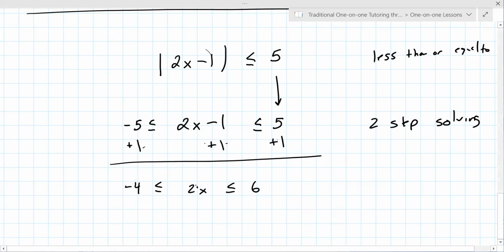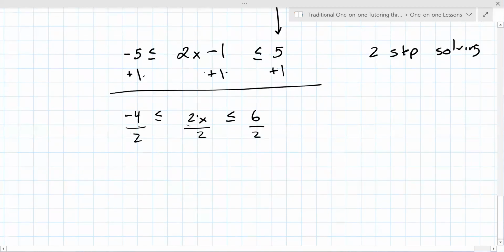So how do you undo multiplication? Divide. Yes, you divide everything by 2. Is that okay? All right, so what is -4 divided by 2? -4 divided by 2 is -2, and then for 2x, it's x, and then 6 divided by 2 is 3.